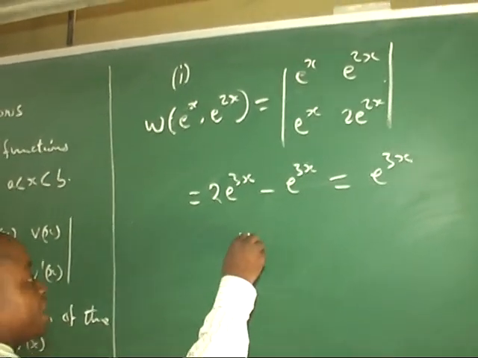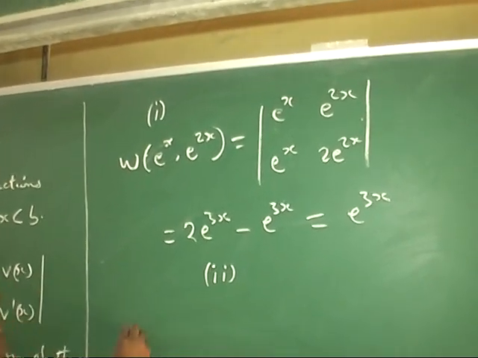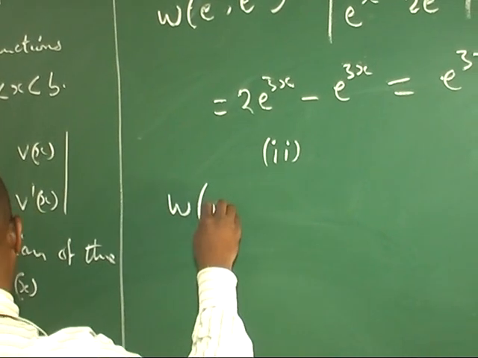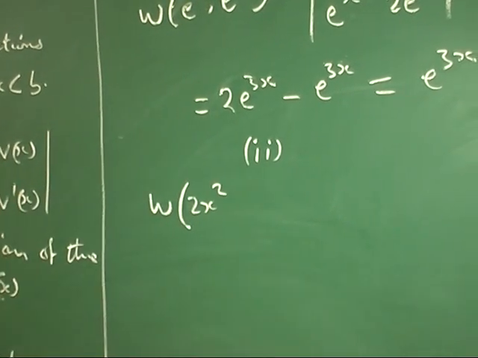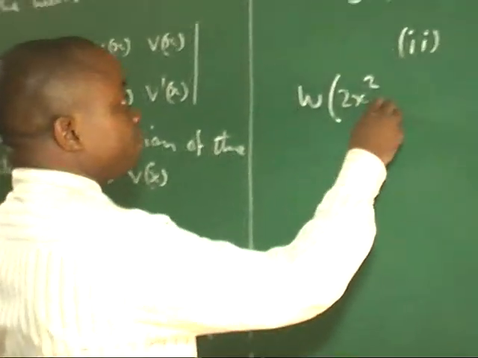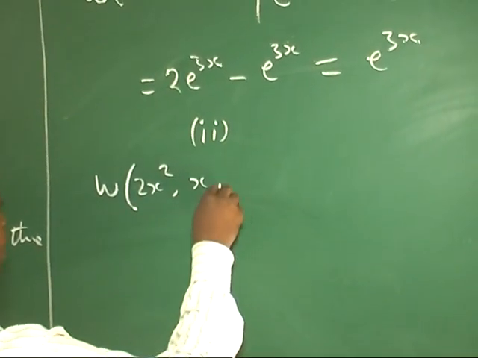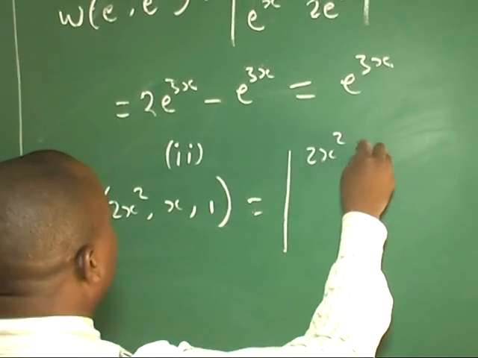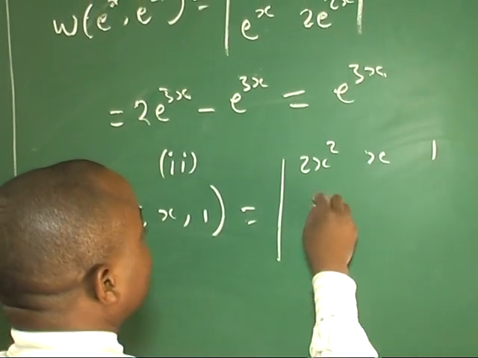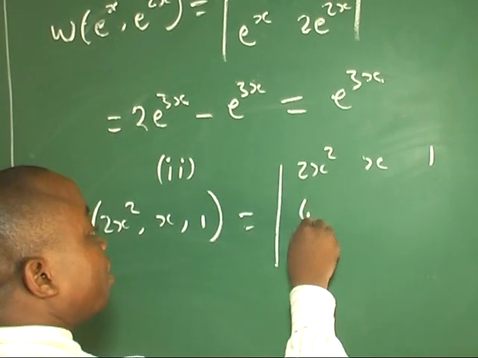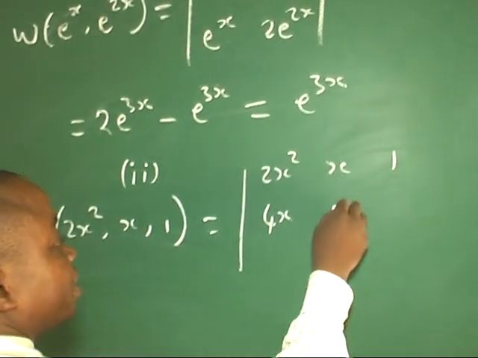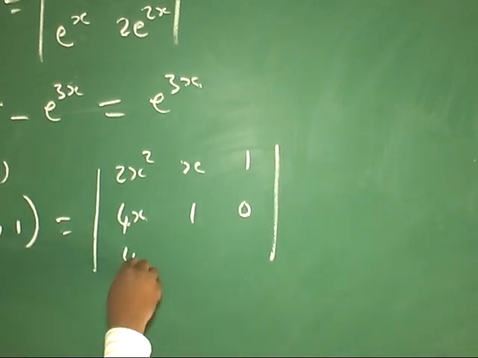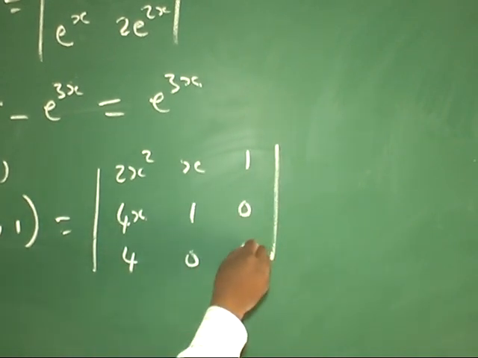Now for the second, the Wronskian of 2x squared, x and 1 is the determinant of 2x squared, x and 1. Differentiating, we have 4x, 1 and 0. Differentiating again, we have 4, 0 and 0.